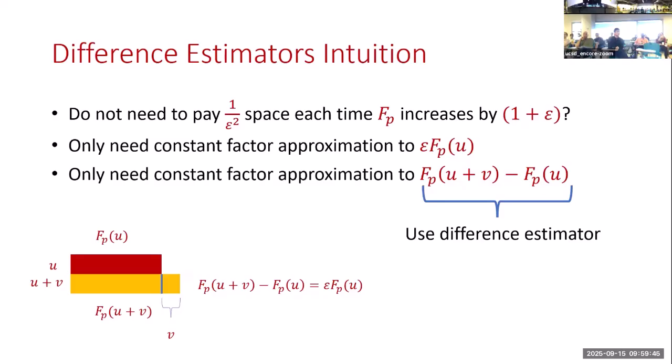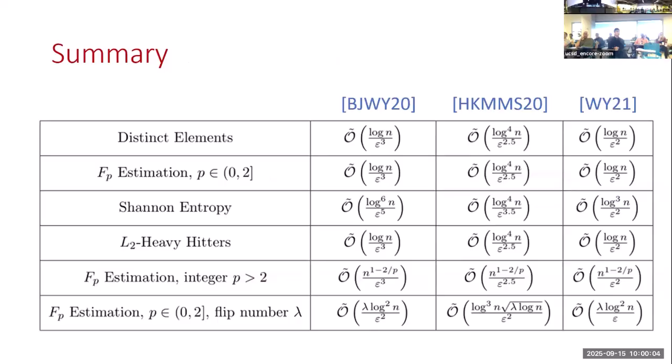But if the algorithm increases by such a small amount, if it only increases by 1 plus epsilon, maybe we don't need a fresh calculation. We don't need to spend 1 over epsilon squared space. Maybe we can get by with a coarse approximation to how the algorithm has increased. I just want to mention that for these problems we were able to get tight bounds, but it's really just the tip of the iceberg.